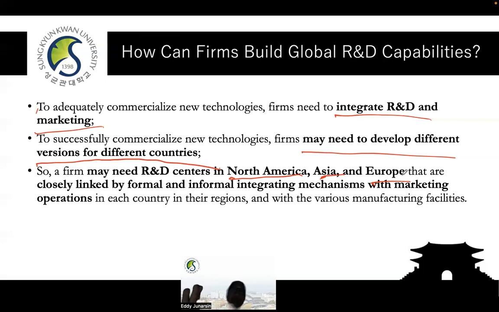And because the differences still exist in many regions in the world, we might have to do the catering strategy. We have to cater to every region differently, even in an integrated or unified fashion.